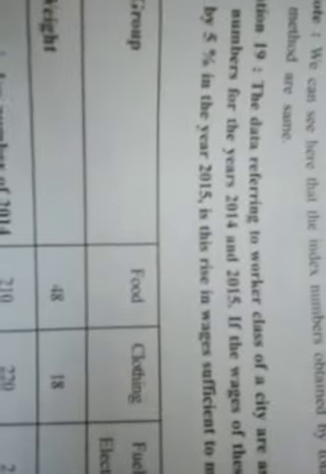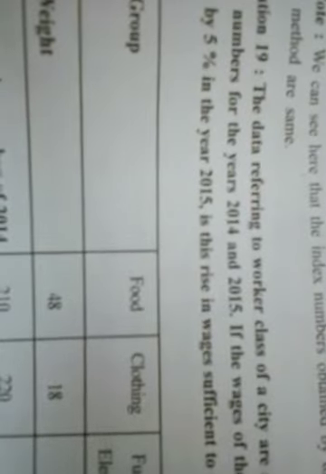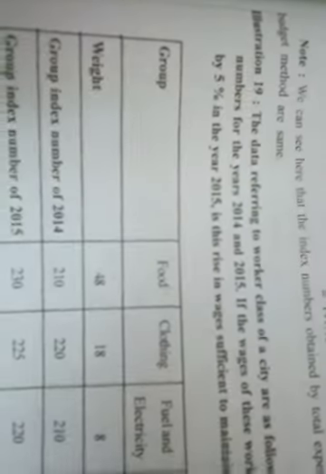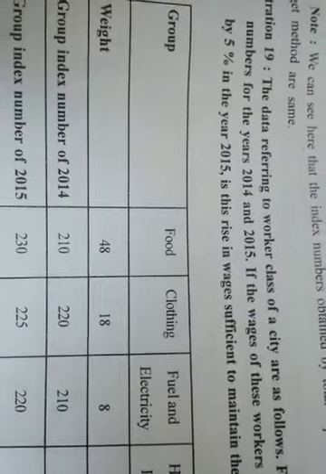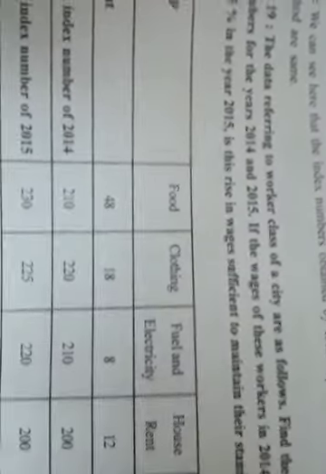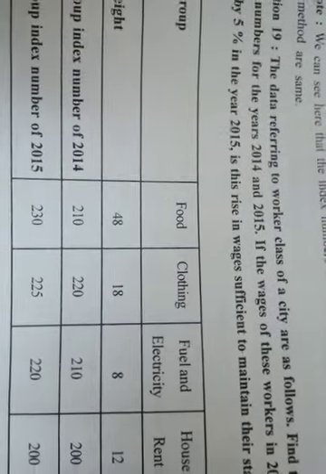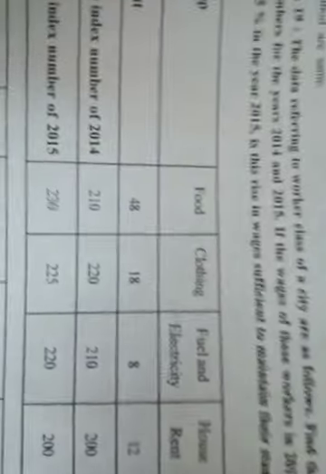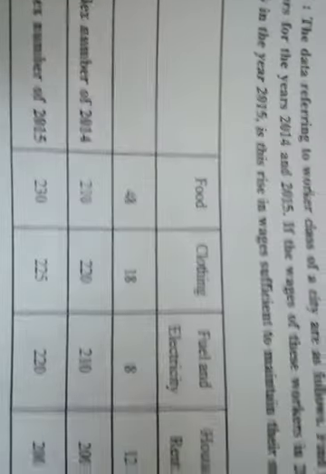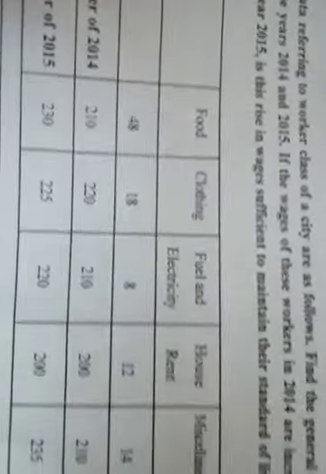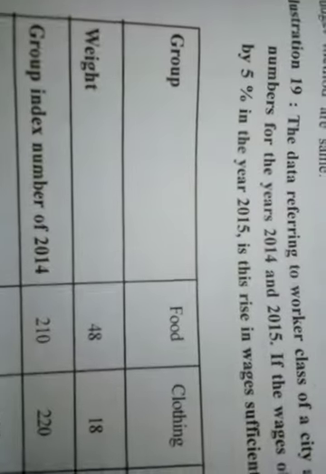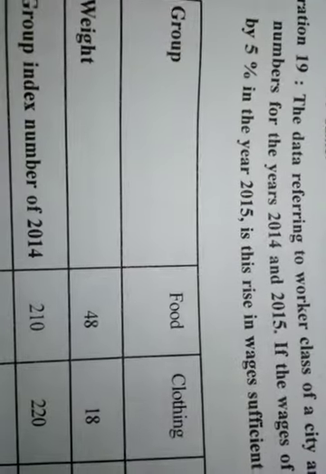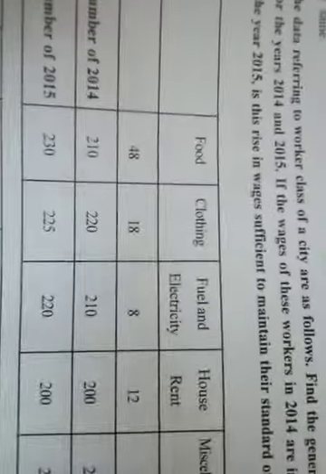Now one more illustration, number 19. The data referring to the worker class of a city are as follows. Find the index numbers for the years 2014 and 15. If the wages of these workers in the year 2014 are increased by 5% in the year 2015, is this rise in wages sufficient to maintain their standard of living?